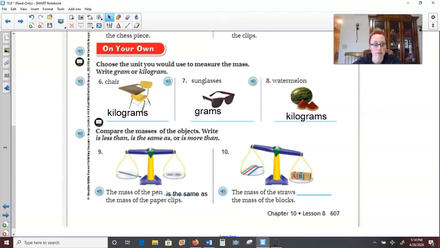Now when we go to number 10, we have some straws on the left and some blocks on the right. And I notice how the straws are up a little higher than the blocks, so it's not balanced, they're not the same weight. We would say the mass of the straws is less than the mass of the blocks. The straws weigh less.